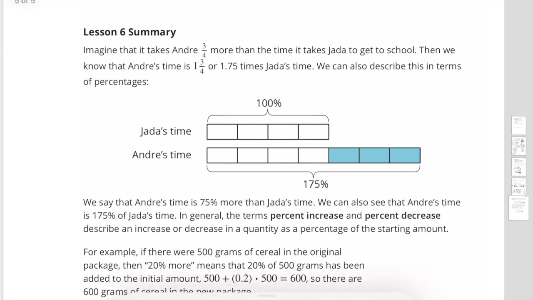So we have our new terms here, which is percent increase, and then percent decrease. Okay, and these just describe an increase or decrease in quantity of percentages.